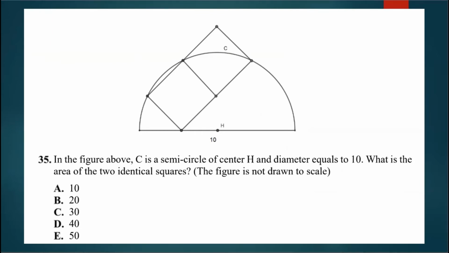Okay, if you have a chord in the circle, and you are drawing the midpoint and the perpendicular at that midpoint, it must go through the center. So think with me, if you join this diagonal, it will be considered a chord, and this diagonal is the perpendicular bisector, so it must go through the center, right?